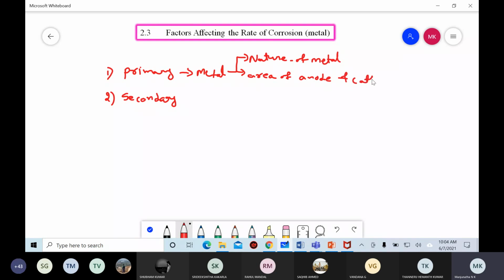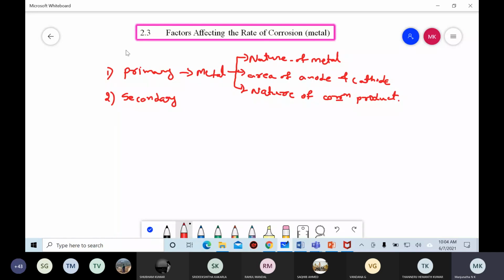And another one is the nature of the corrosion product. These are the three primary factors which affect the rate of corrosion due to the metal.